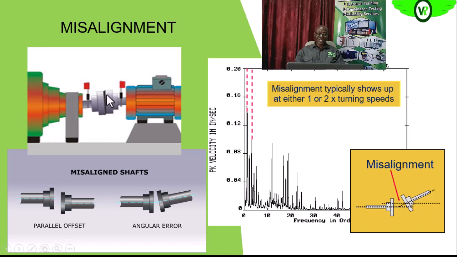So you see that we have angular and offset misalignment. This is what is common in real life. Are we getting it?